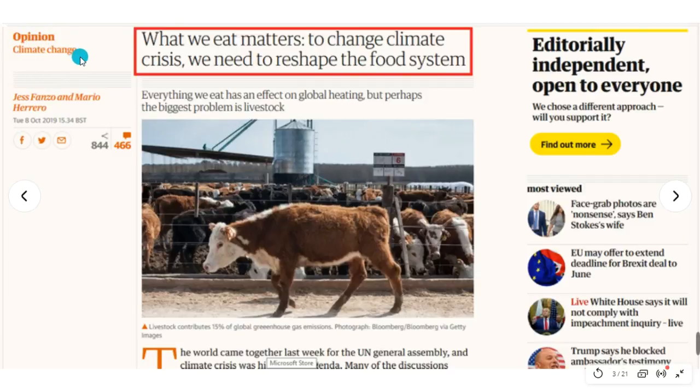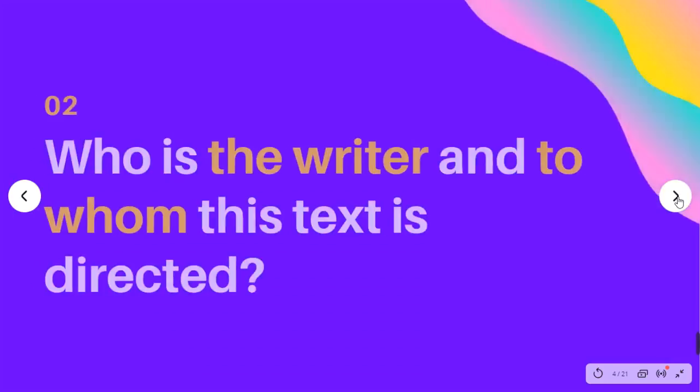So it gives you a clear clue that the topic of this text is about climate change. And the climate change itself is the topic that our eating habit will influence the environment, especially in terms of climate crisis.